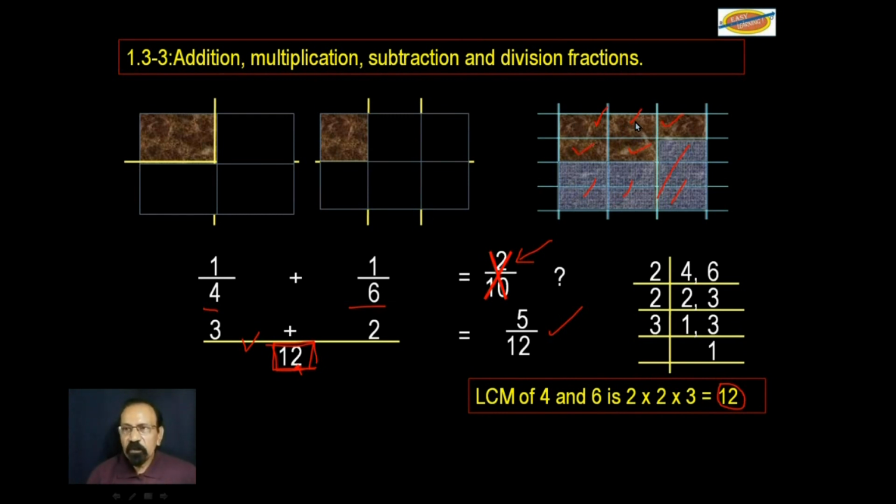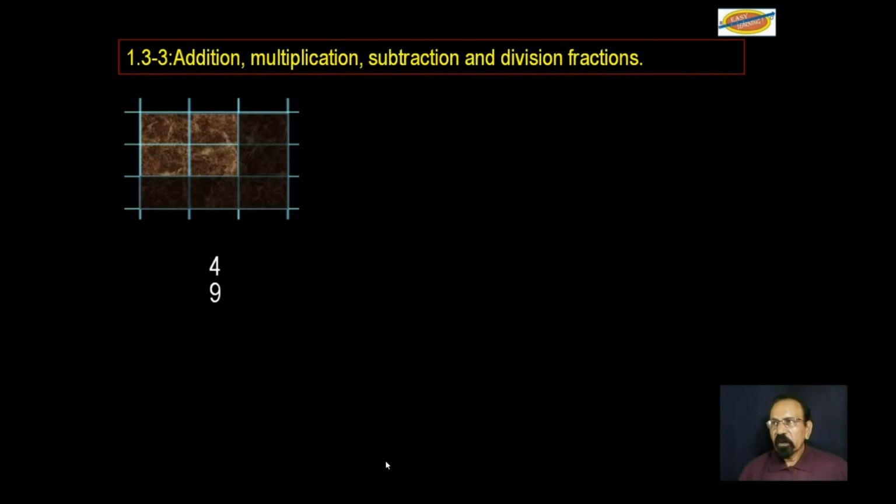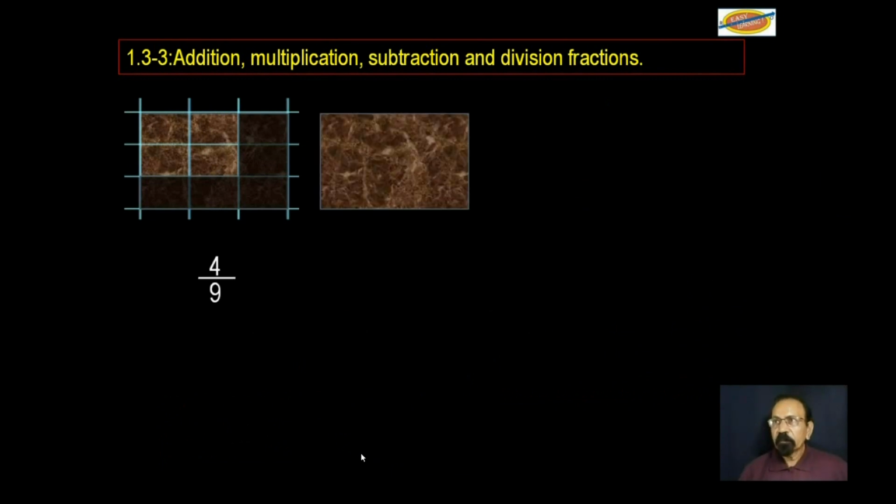So that is the amount of tile she has when she combined these two pieces. Keep in mind that when you add or subtract fractions, they must represent parts of identical items. So let's look at another example.